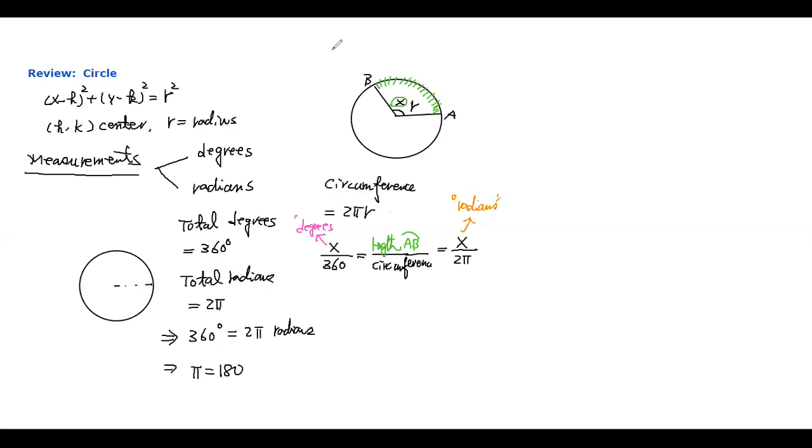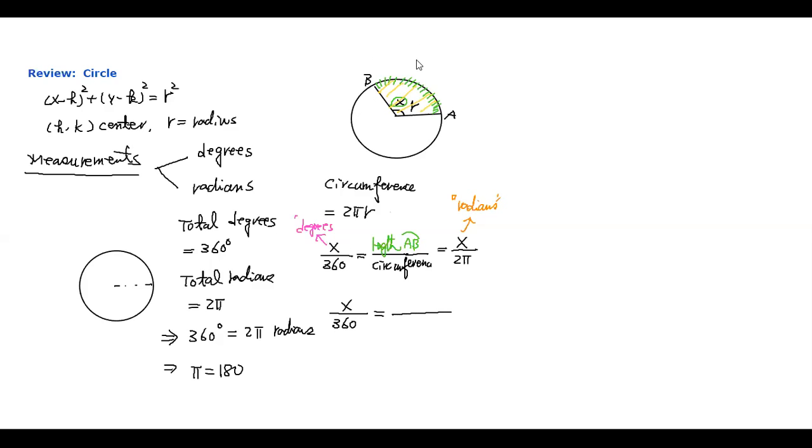All right. So the next thing here is the area. They have the same things here, so it depends on the x. So you can say this ratio, x to 360, is equal to what?